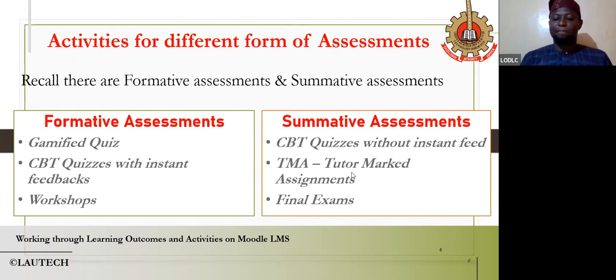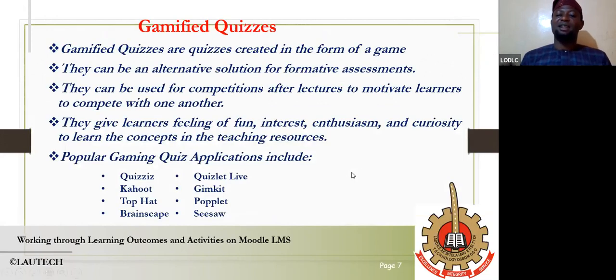So then, let me try to explain what these formative assessments and these summative assessments are all about. Let me start with the formative assessment. And we said one of the examples of formative assessment is gamified quizzes. Gamified quizzes are quizzes that are created in the form of a game.